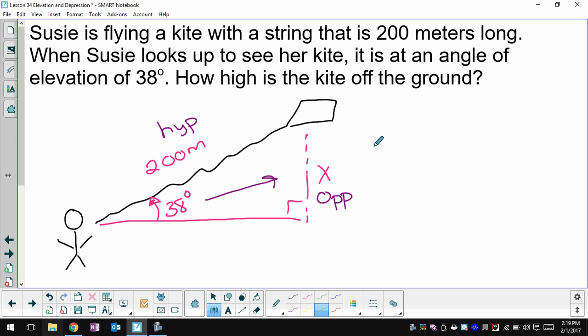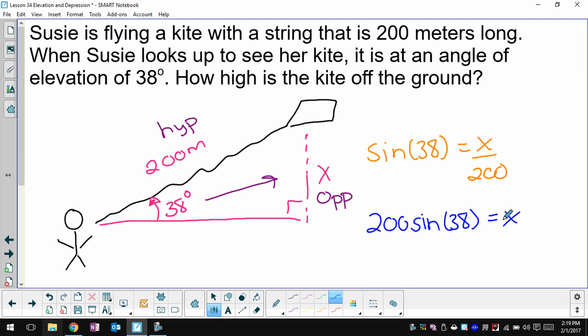So this is a sine problem. To get x, I multiply 200 on both sides, so I end up with 200 times the sine of 38. And if you plug that into your calculator, you'll get that the kite is close to 123.1 meters above the ground.